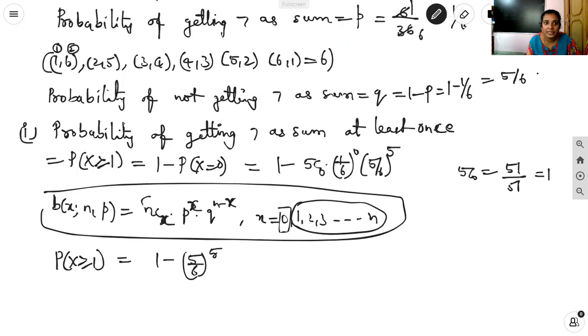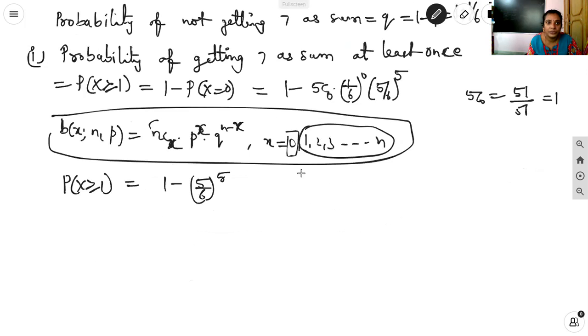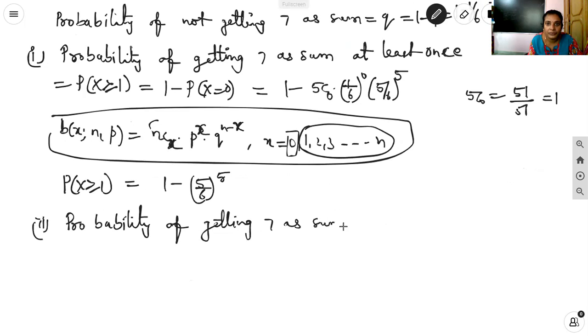Next, the second case is exactly 2. The second one is the probability of getting 7 as the sum exactly 2 times.